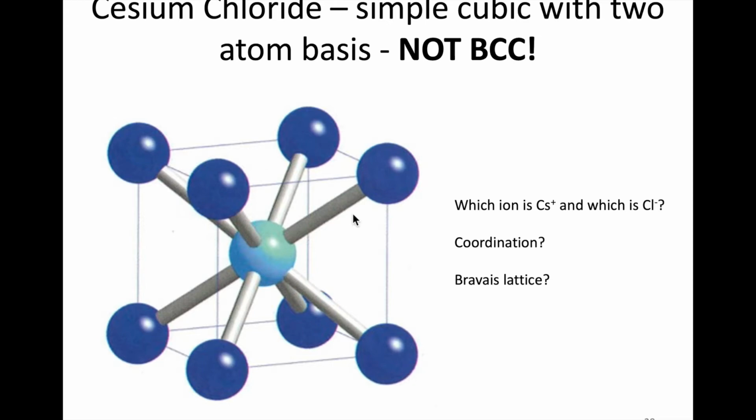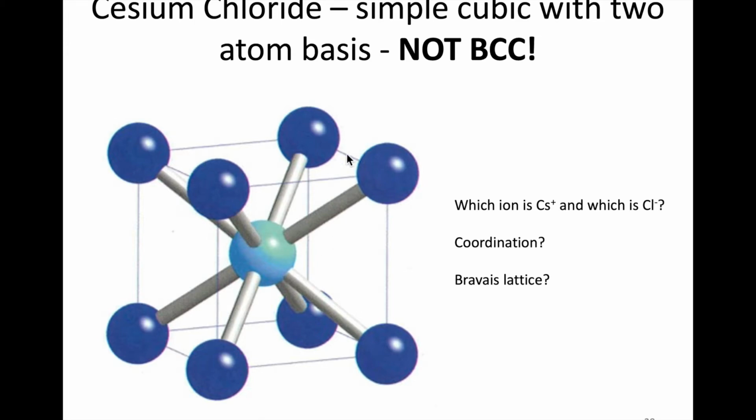And so this is simple cubic, and it also has what's called a simple cubic Bravais lattice because, and again, we can't think of this as BCC, because even though it has the appearance of BCC, this ion and this ion are different. So they're different sizes, and so it doesn't fit that same schematic that we see.